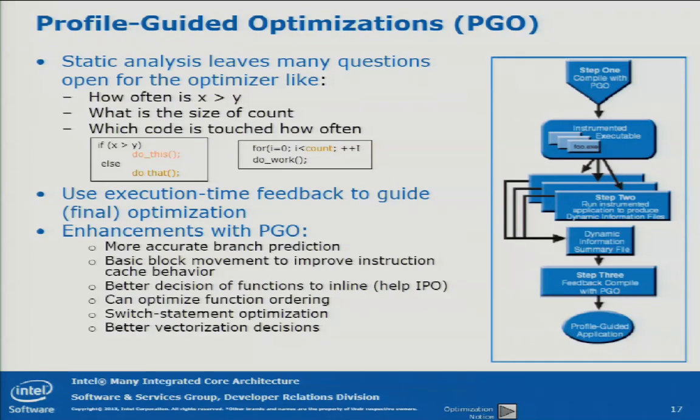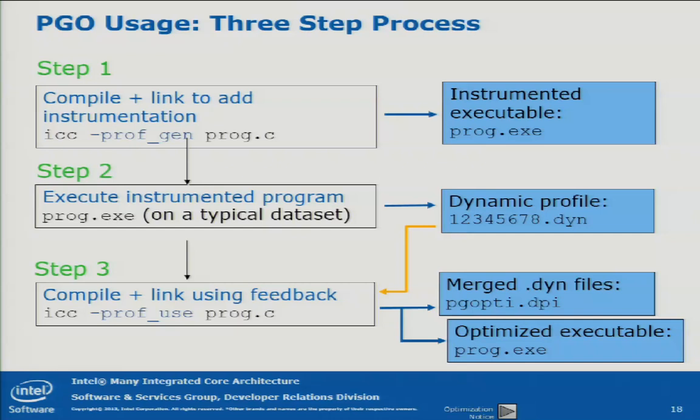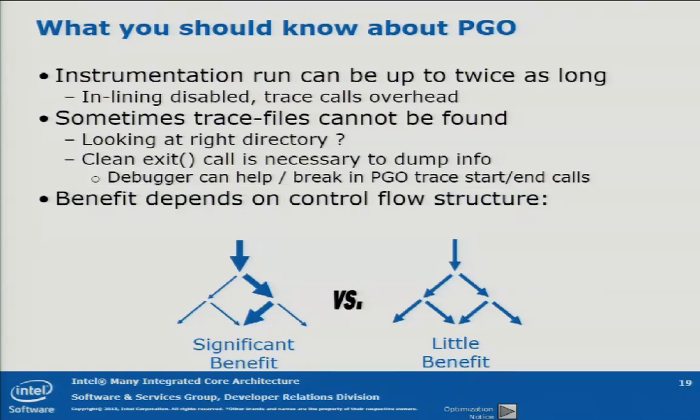Okay, then we have profile-guided optimization. So the basic idea here is, let me show you this picture first. There are some paths through the executable, usually, that are taken more frequently than others, right? But the compiler doesn't know that.